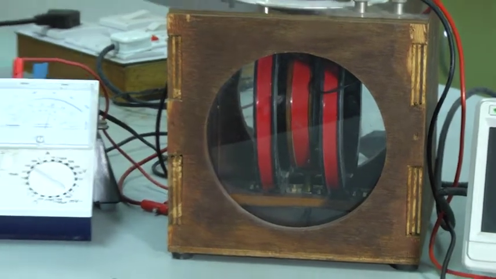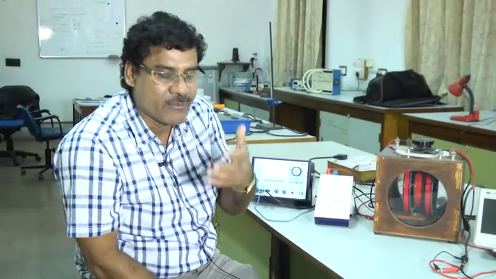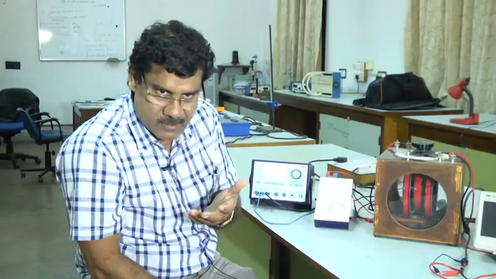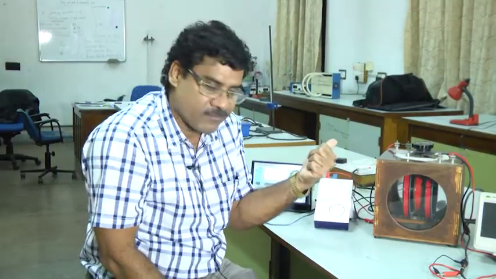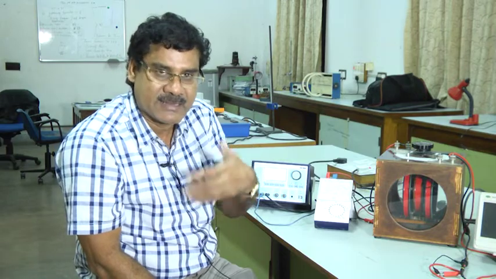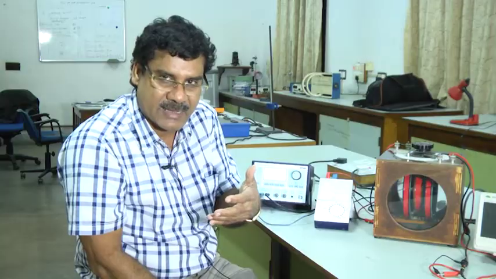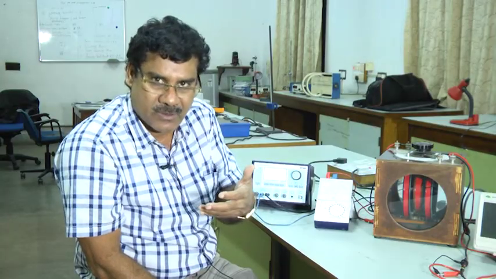That means this secondary coil is linked with flux. In the primary coil the current is changing, meaning the magnetic field is changing, meaning the flux linked with the secondary coil is also changing.